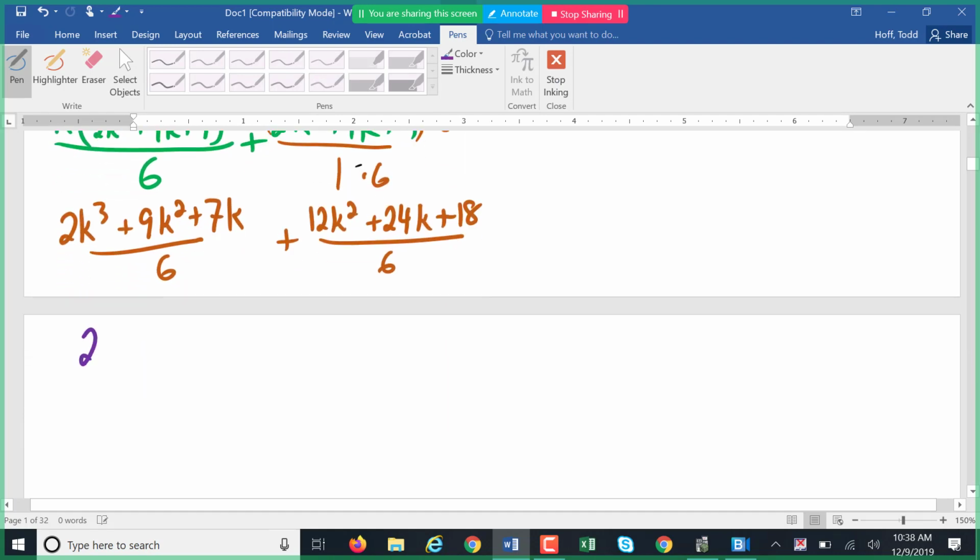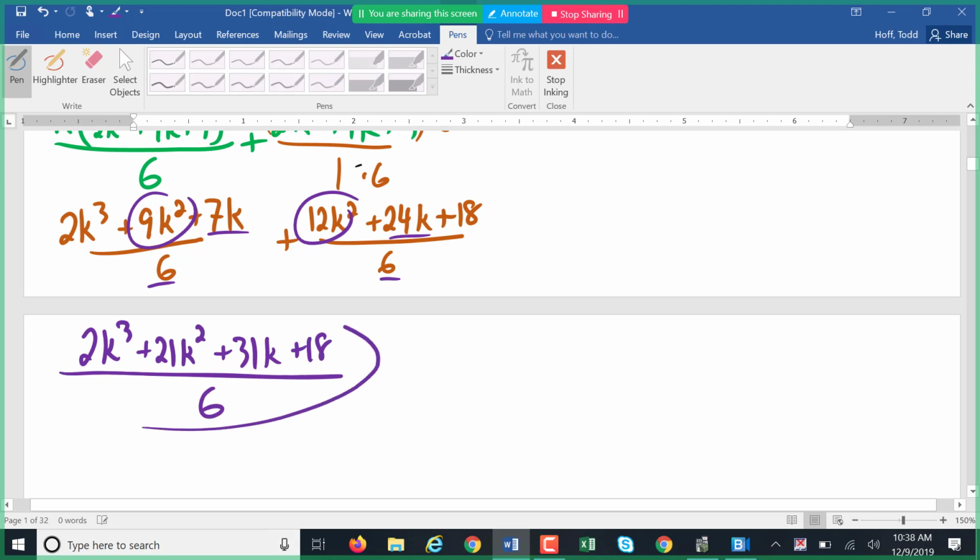Now we combine, of course, we're adding, we've got common denominators of 6. So 2k to the third, 9k squared and 12k squared is 21k squared. 7k and 24k is 31k. And then plus the 18, all over 6.